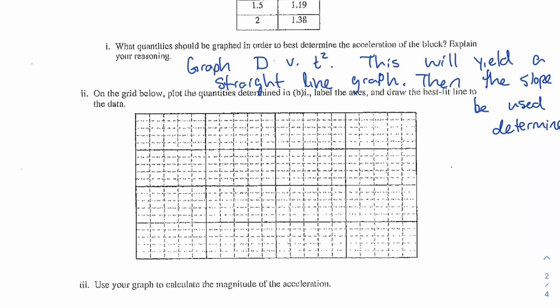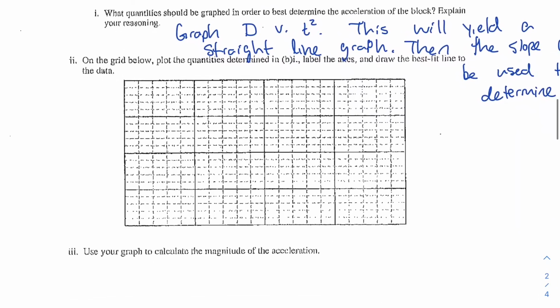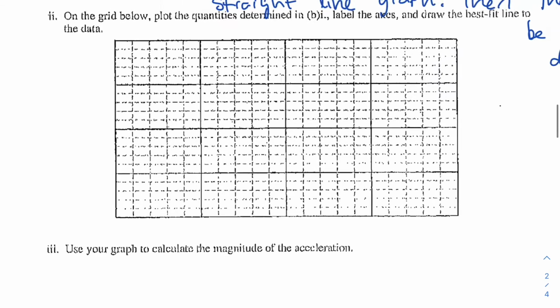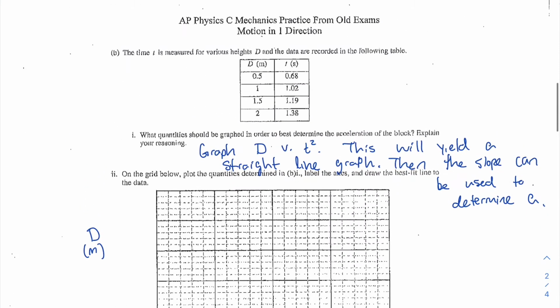So on the grid, we want to plot the quantities determined in B part I, label the axes, and draw the best fit line to the data. So on the horizontal axis, we're going to have time squared, which has units of seconds squared. And on the vertical, we're going to graph distance, which has units of meters.